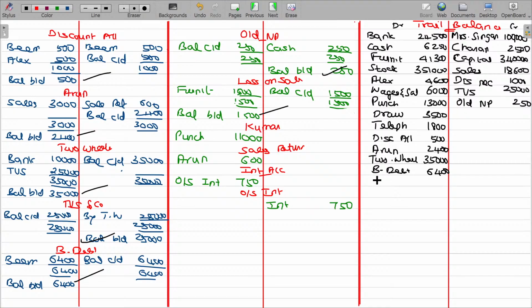Loss on sale of furniture also debit balance. Kumar shows debit balance 11,000. Sales return debit side 600. Interest account debit side 750. Outstanding interest credit side 750.